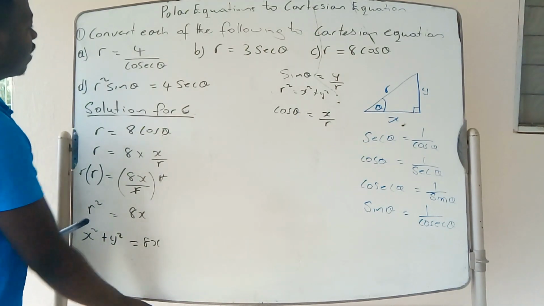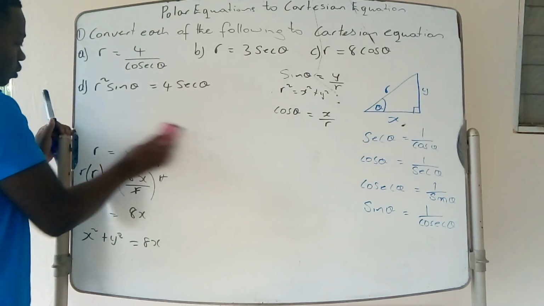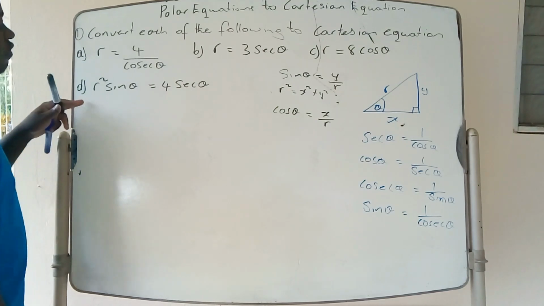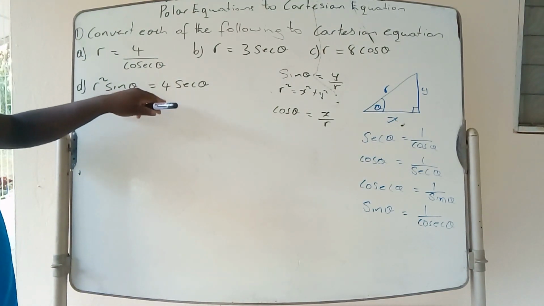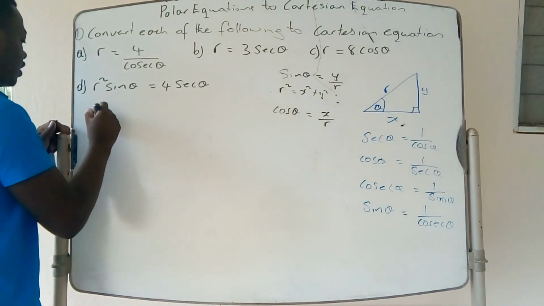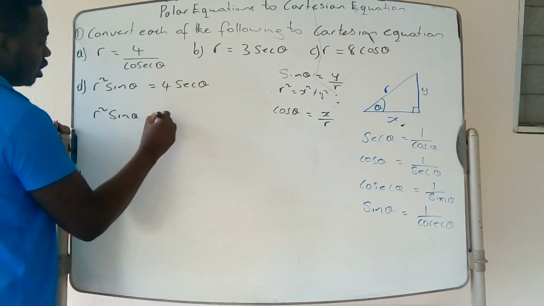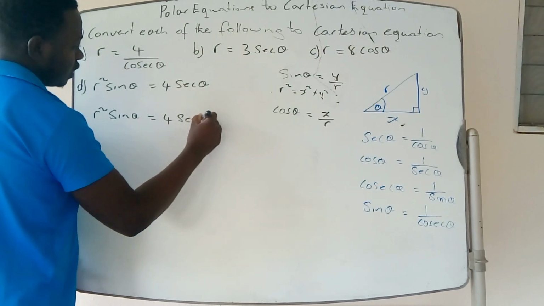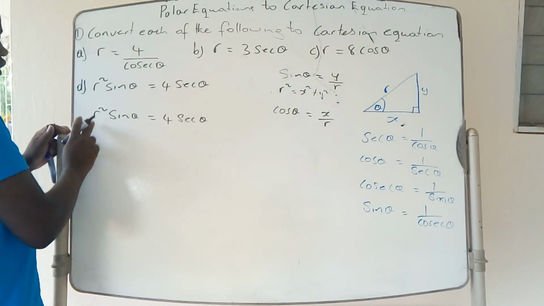Now to our final example. We have part D, which says r squared sine theta is equal to 4 sec theta. So we want to convert r squared sine theta equals 4 sec theta. Now we're going to keep our r squared for now.